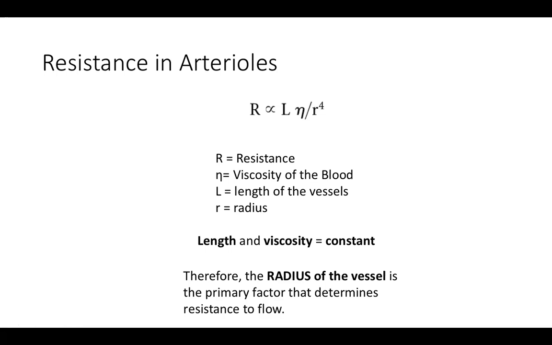If we think about the human body, you're not going to change the length of your blood vessels. That's constant. And in a normal circumstance, the viscosity of your blood is constant. We're not talking about disease states. So the only thing that is going to affect the resistance to flow through your arterioles is the radius of the vessel. That is the primary factor that determines the resistance to flow.